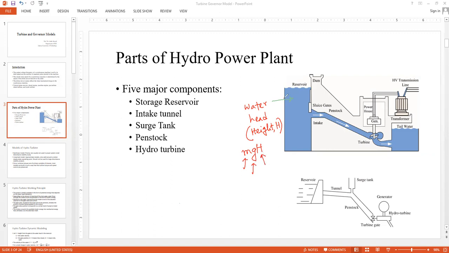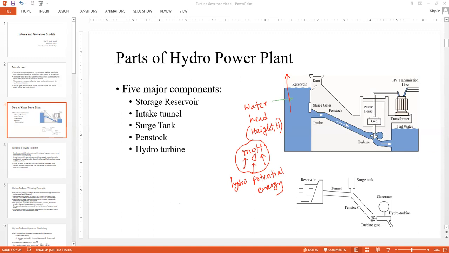So if we can raise this water level, we are going to have an increased amount of hydro potential energy, and vice versa.